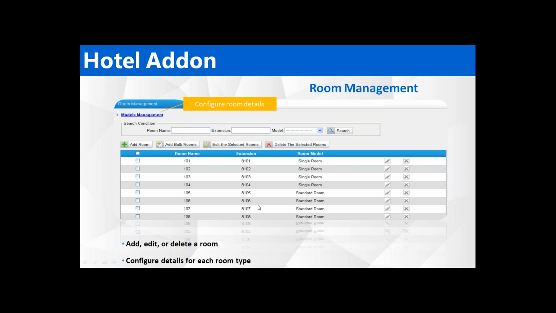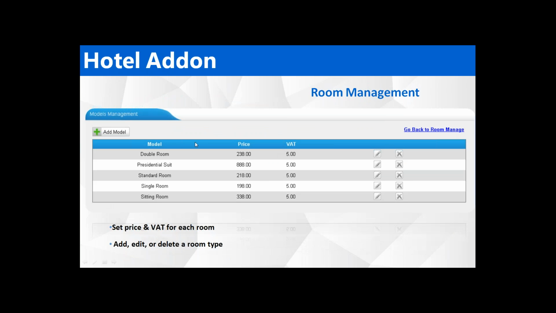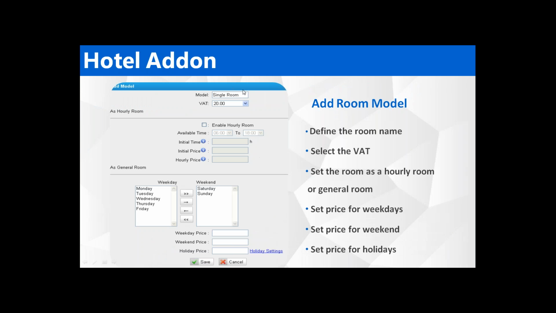You will have several kinds of hotel rooms in your hotel, and you can manage the name of the model. As you can see here, the name of the model, the price, and the VAT are also listed here. You can also set the VAT according to the local law, and the price here is also customizable.